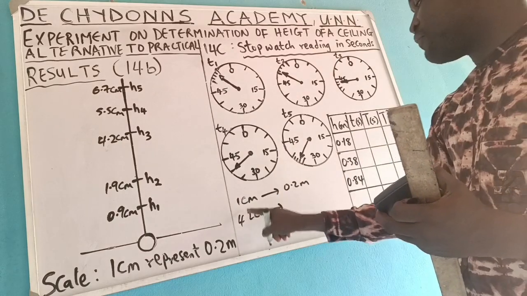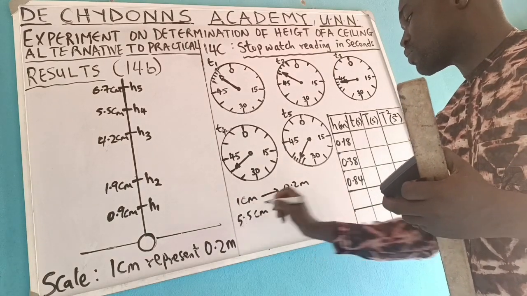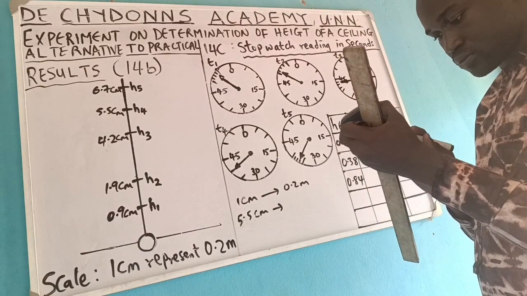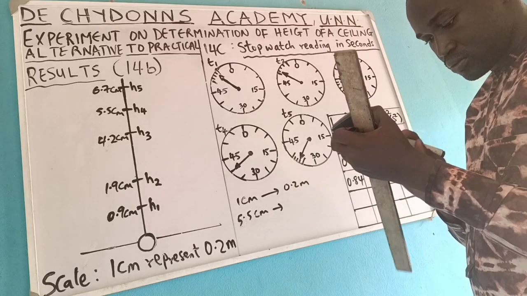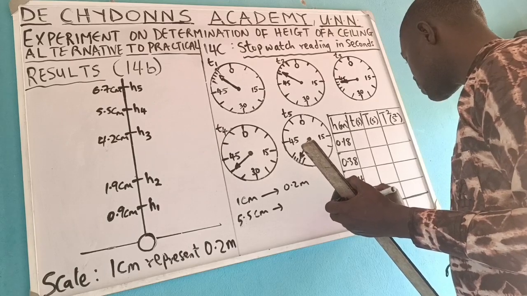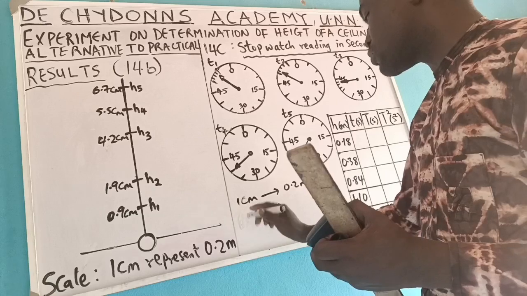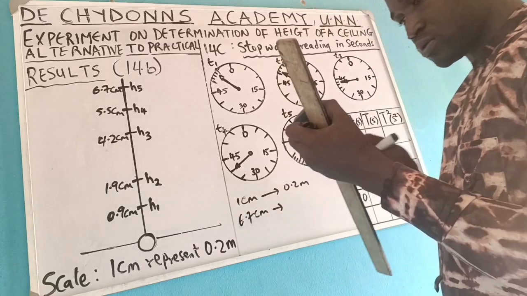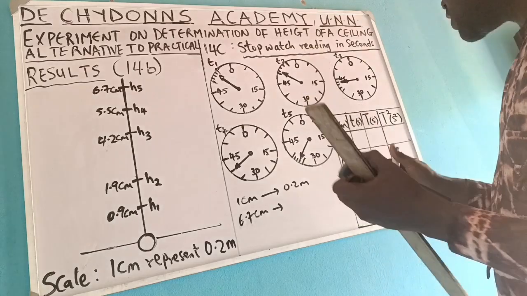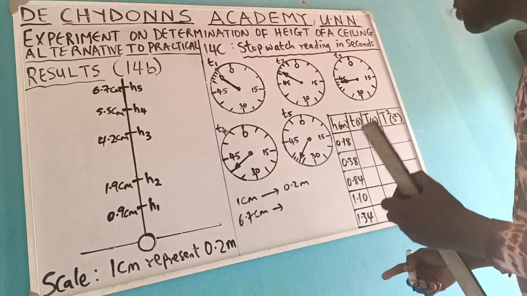Then 5.5 times 0.2 is 1.1. Then 6.7 times 0.2 is 1.34. So we have gotten our values of height.